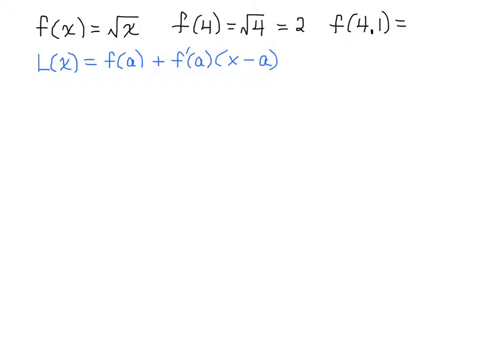So we're looking for L of x because what this means is that L of x is very close to f of x when x is approaching 4.